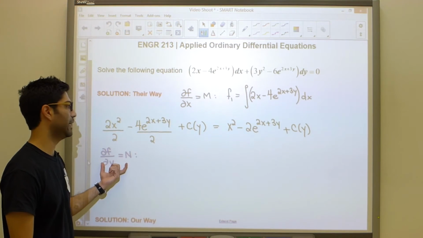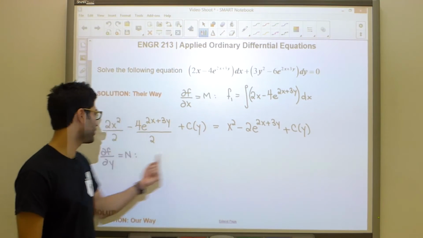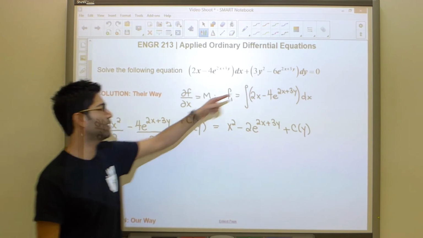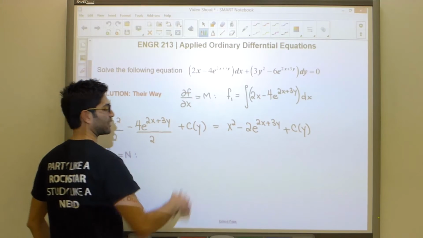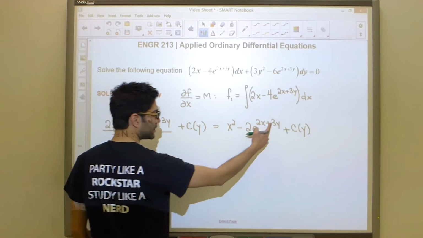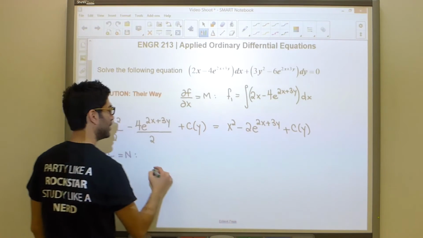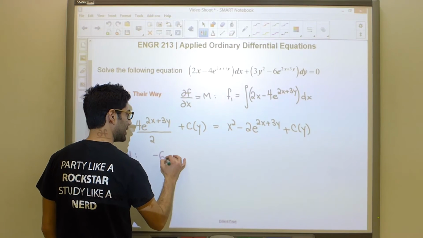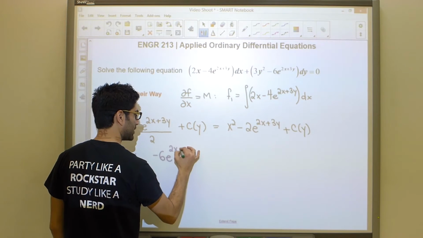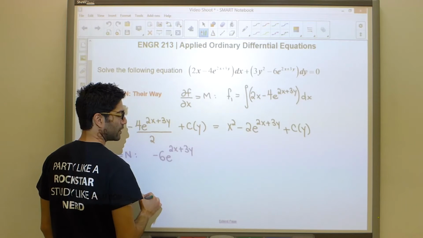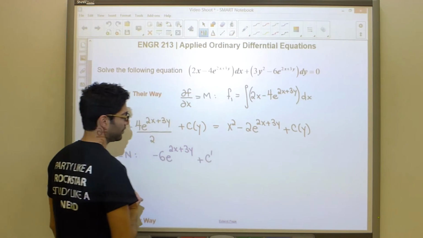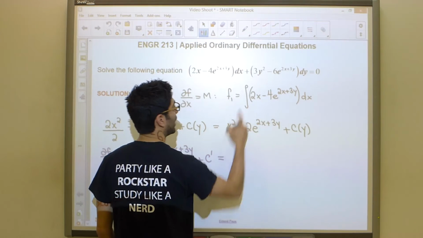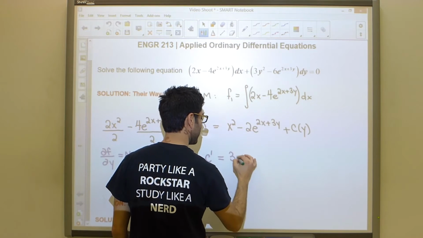This formula is saying, take the derivative of this with respect to y and make it equal to N, which is this guy right here. So let's do that. If we derive this with respect to y, the 3 will come down, and you're going to get negative 6e^(2x+3y). If I derive this with respect to y, I'll simply get c prime of y. I'm going to make this equal to N, which is this piece here.